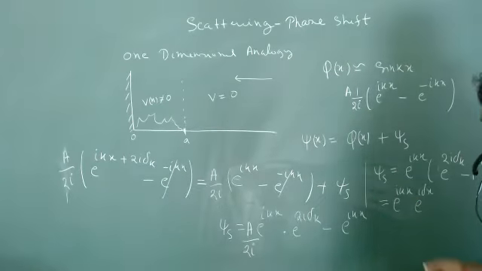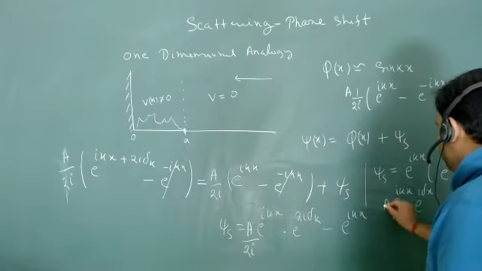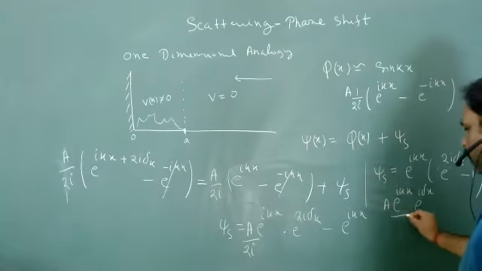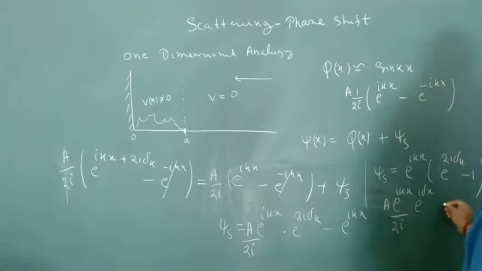So we have A upon 2i, e to the power ikx, and you can take e to the power i delta k common: e to the power i delta k minus e to the power minus i delta k.